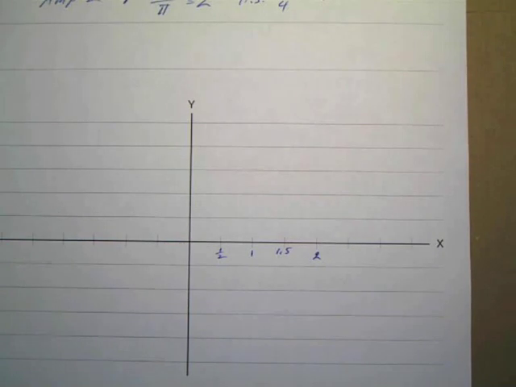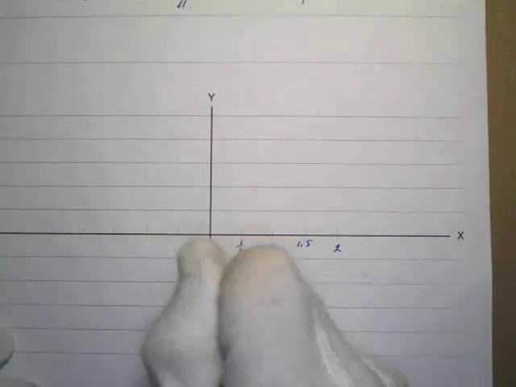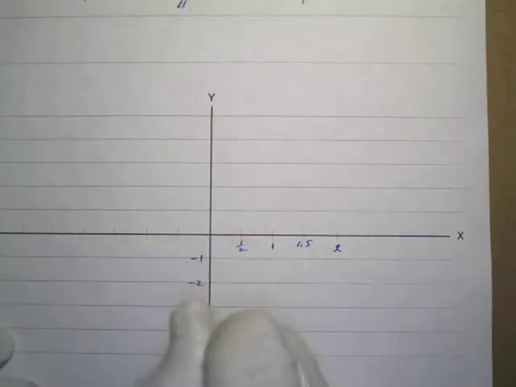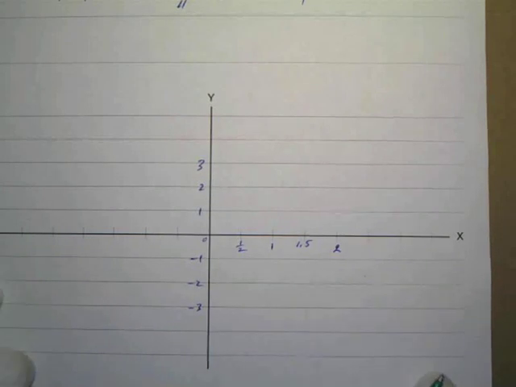All right, and then I've got a vertical shift of -1. I'll put this -1. So I'll put my shift line down for -1.